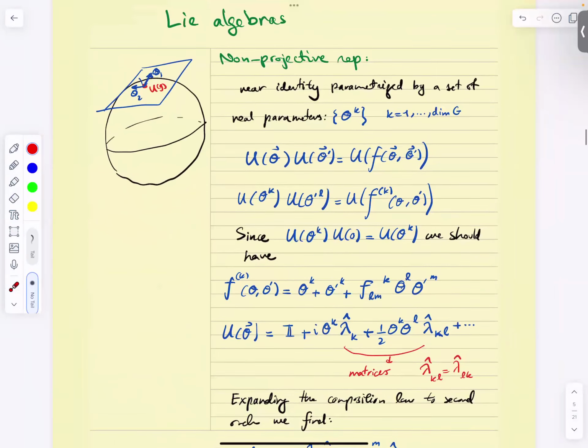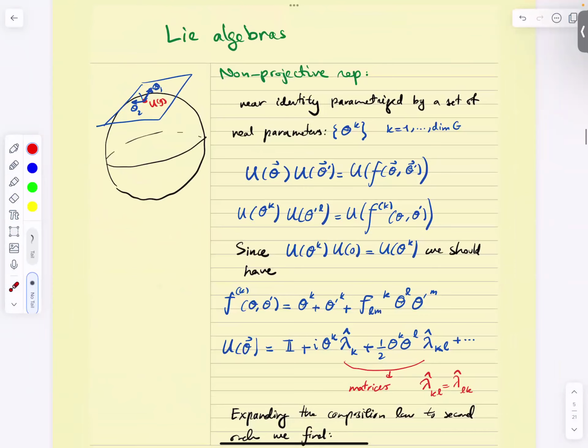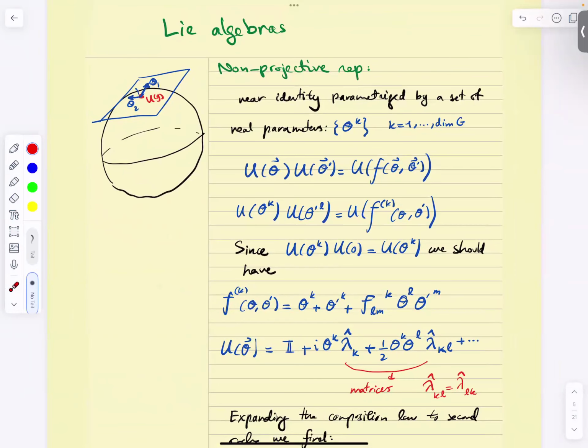All right, so let's talk Lie algebras, and I'm going to give a little bit more detail. The picture to have in mind, this is kind of cartoonish, but it's a good physical picture, is that here's your Lie group. Your Lie group is, for example, SO(n), special orthogonal matrices that are n by n.